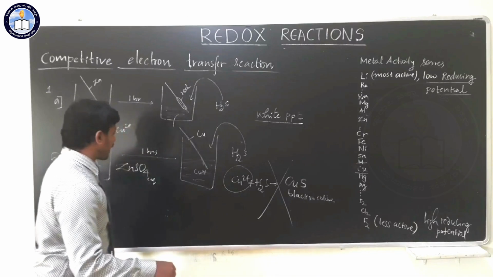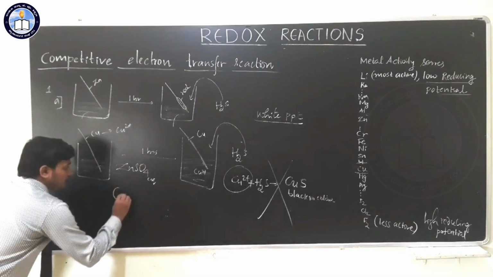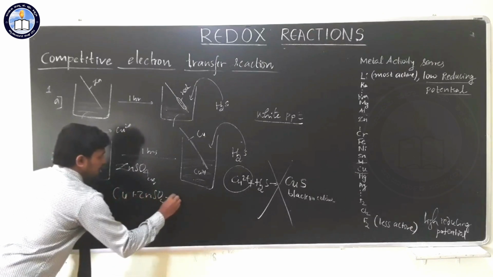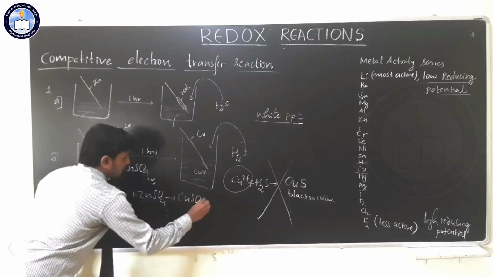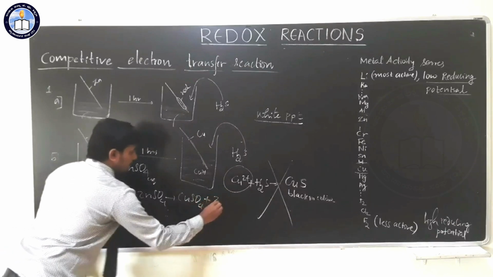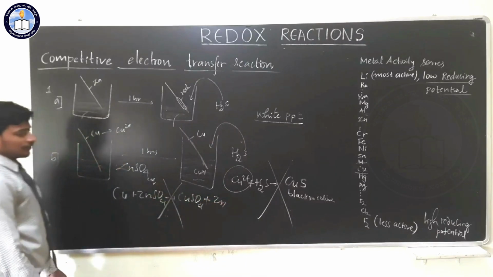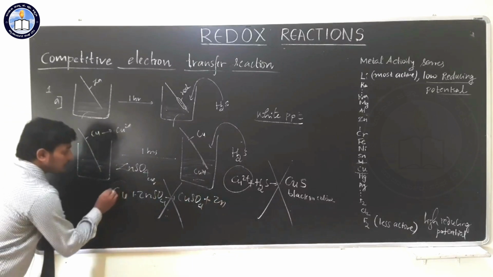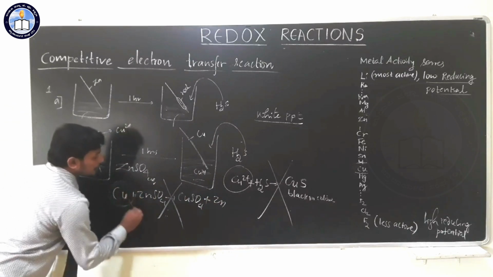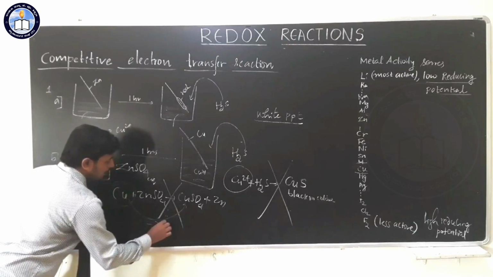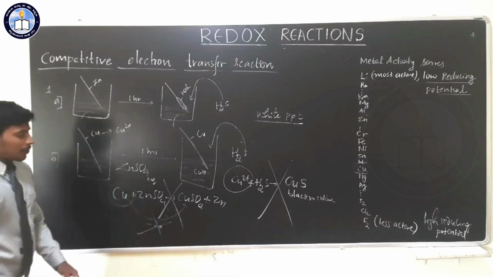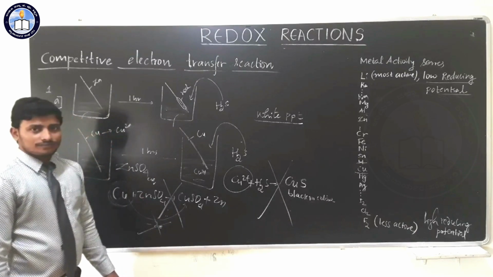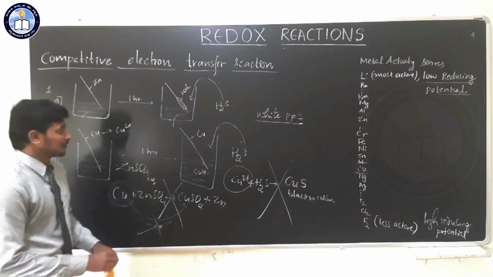In other words, if I write Cu + ZnSO4 gives CuSO4 + Zn, this reaction won't take place. That means copper is not ready to give electrons, not ready to lose electrons when we add it into the zinc sulfate solution.